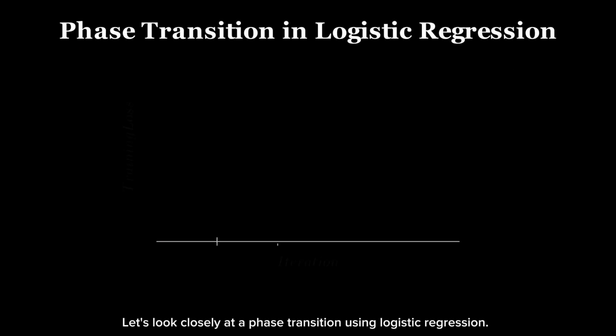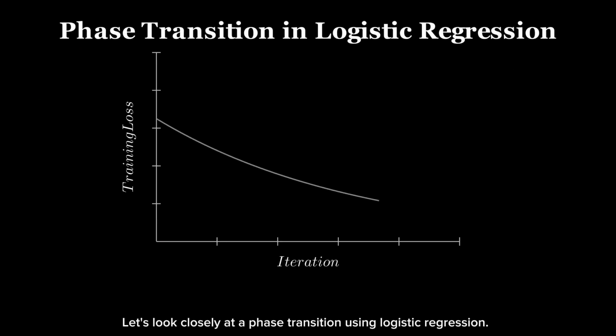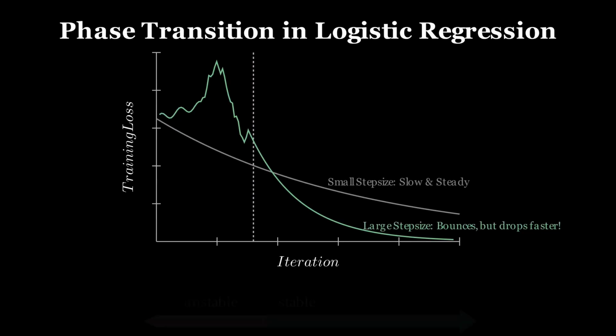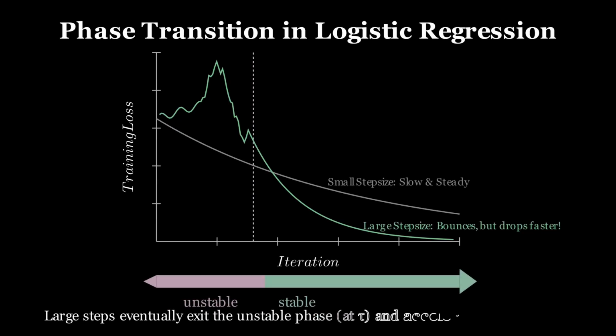Let's look closely at our phase transition using logistic regression. If we use a small step size, the gray line shows the loss dropping steadily, but very slowly. Now watch the green line representing a large step size. Initially, it bounces around and spikes upwards. But look at what happens next. It drops much faster and overtakes the small step size.